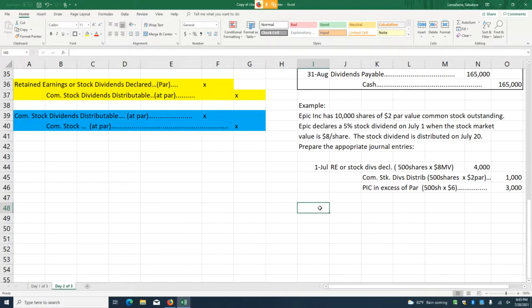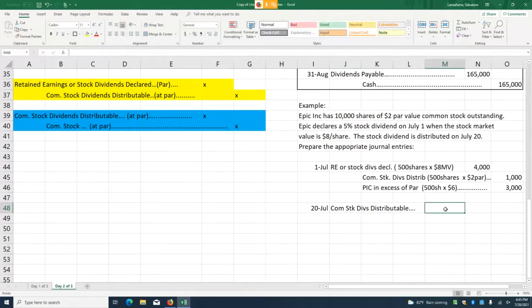Oh man. So anyway, on the date of distribution, which is July 20th, according to the instruction, let's now get rid of the plug. So we're going to debit the common stock dividends distributable. I'll spell it out this time.